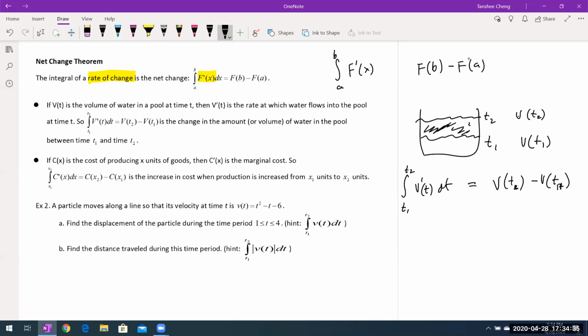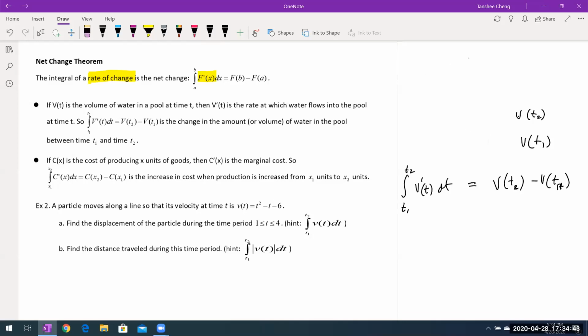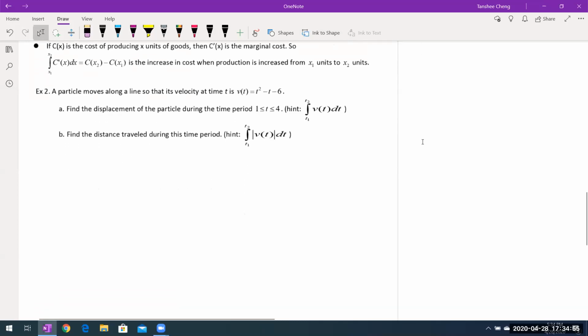So this is the net change theorem. What we want to do is look at the same old example which we did in separate parts, but now we can do it in one shot. Here's the example.